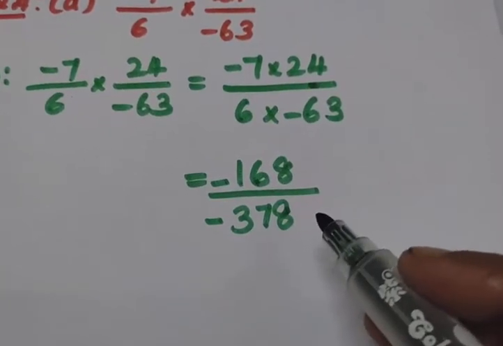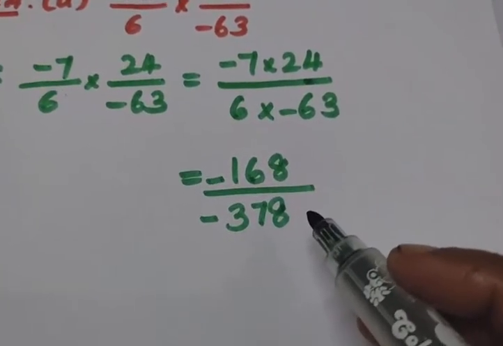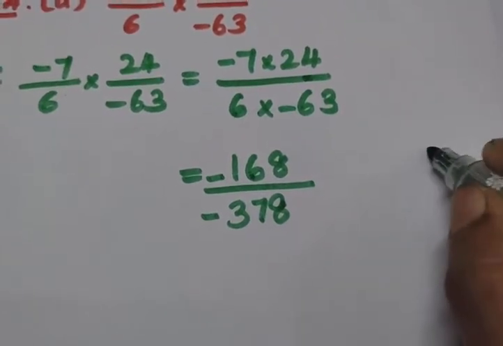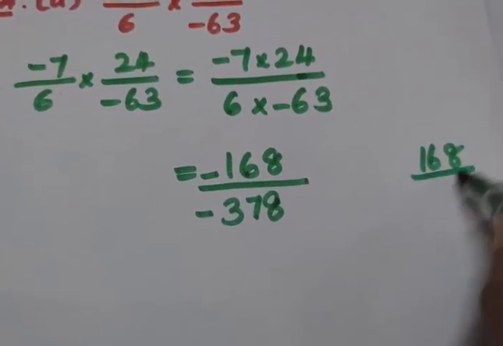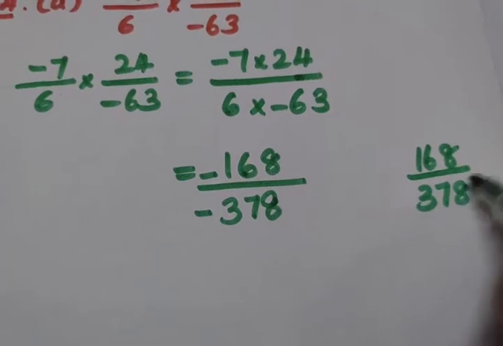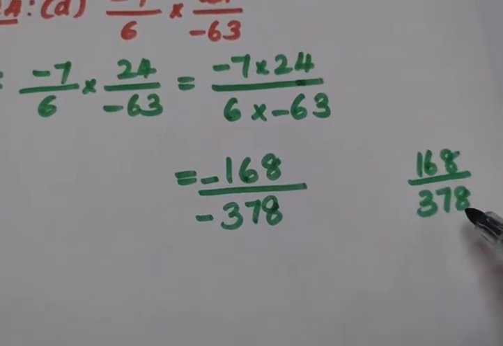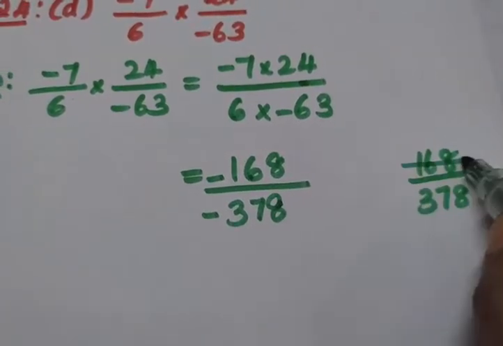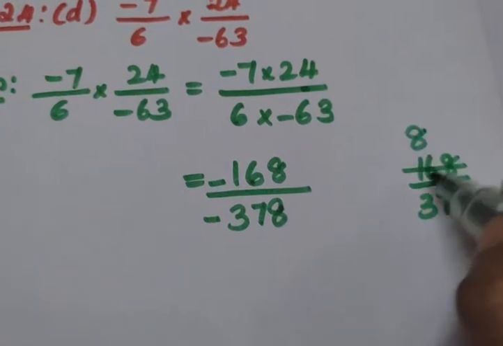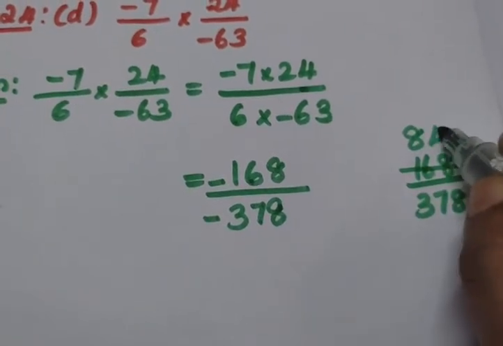We have to simplify, if possible. So here 168 divided by 378. Both are even numbers, so they are divisible by 2. 2 8's are 16, 2 4's are 8.